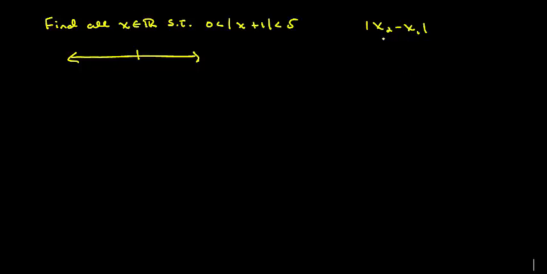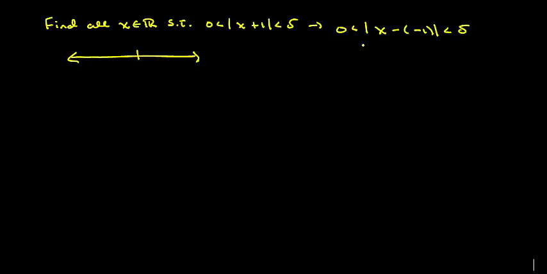So the distance between two real numbers is given by the subtraction in the middle and the absolute values around it. We would like this to look like this. So let's go ahead and convert it. And that's fairly easily done. Okay, so we've got that.